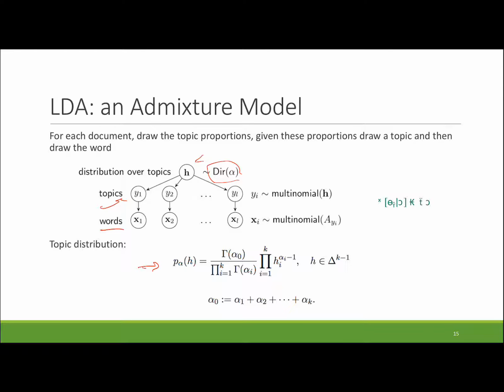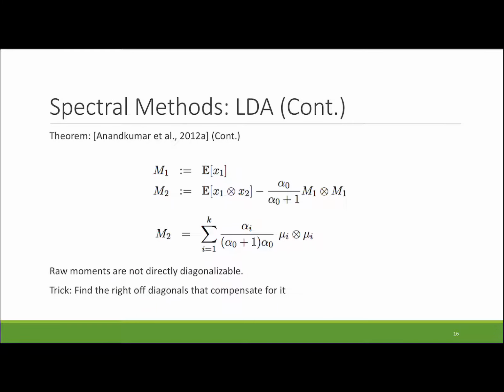And here's the Dirichlet distribution that underlies the topic space. It is identified with alpha. This is the parameter of this distribution. Any questions?